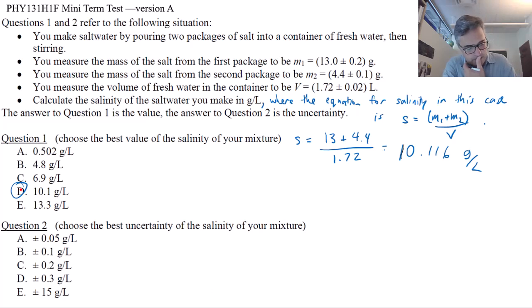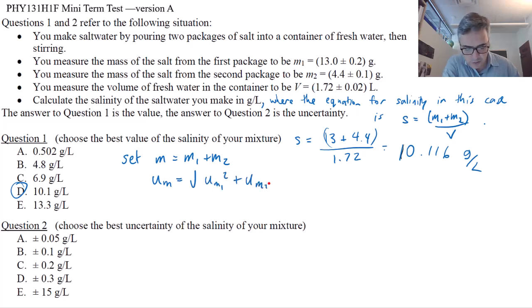And now the uncertainty. So what we're going to do is set M equals M1 plus M2. So the uncertainty in the mass is going to be the square root of the uncertainty in mass 1 squared plus the uncertainty in mass 2 squared. When we're adding things up, that's the rule for sums or differences.